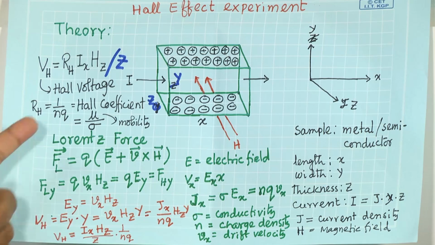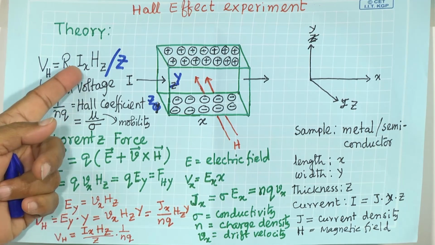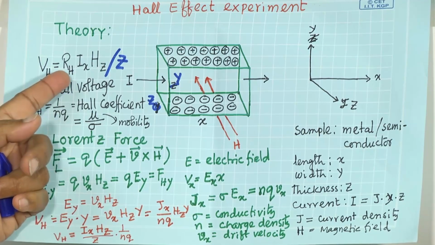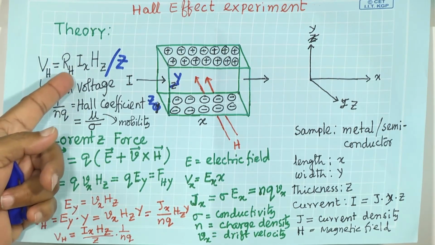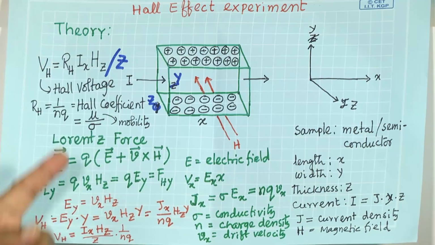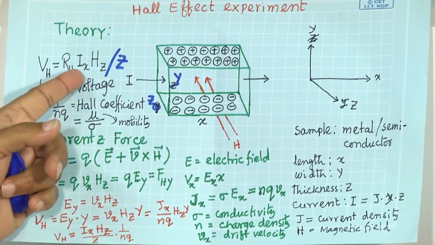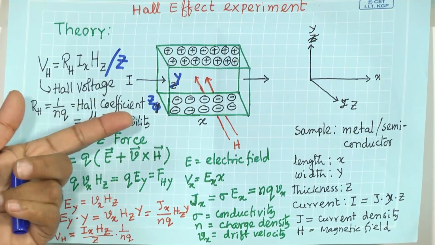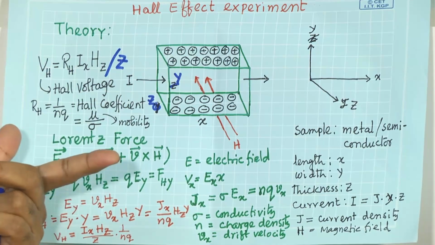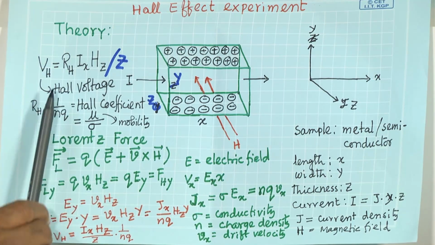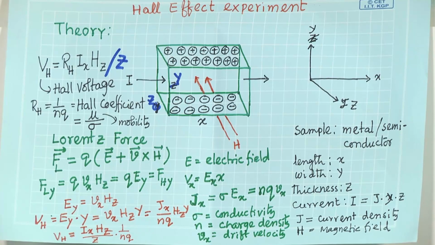From that curve you will get the slope, and that slope will be equal to RH Ix by Z. Z value is known to you, and Ix is also known to you. VH you are measuring experimentally, so you will get RH. If you get RH, then you can find out the carrier density.